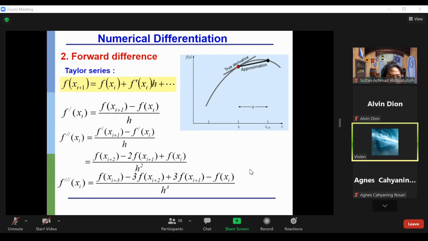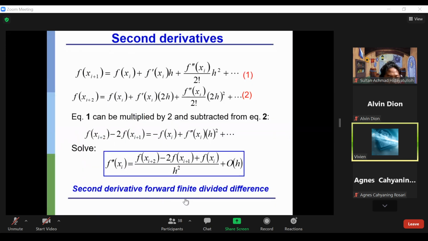So now all of the formula here uses the points after: i plus 1, i plus 2, i plus 3. So this is forward difference. And from this derivation, we can see clearly that the resulting accuracy in this case is first order.